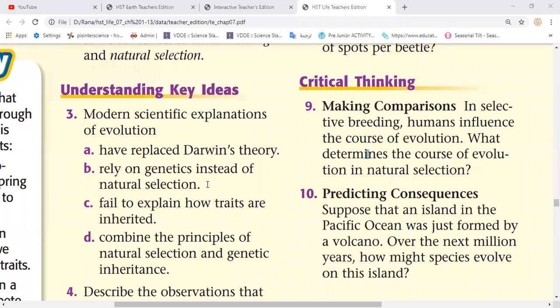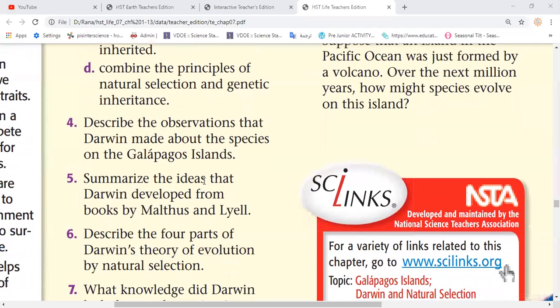Okay. Then question 4, describe observations that Darwin made about the species on the Galapagos Islands. Okay, so let's find Farah Hashim. Yes.